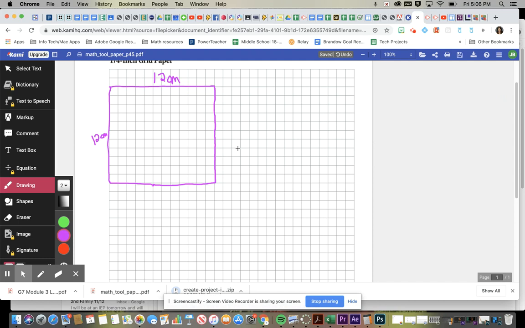Okay, so there's that, and then I need to draw a circle with a diameter, and diameter would be all the way across the circle.